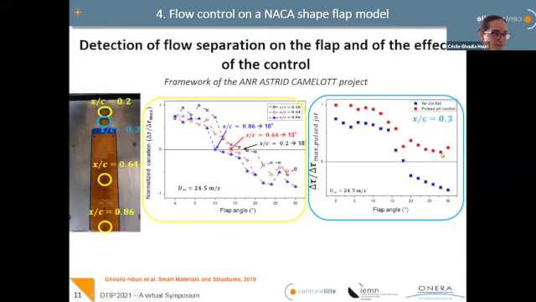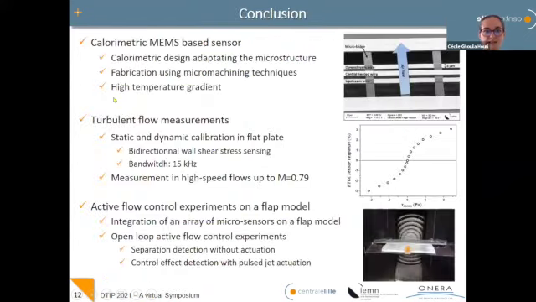So I will now give some points of conclusion. I presented you our calorimetric microsensor, which has a hybrid structure between two existing sensors and microsensors for flow measurements.